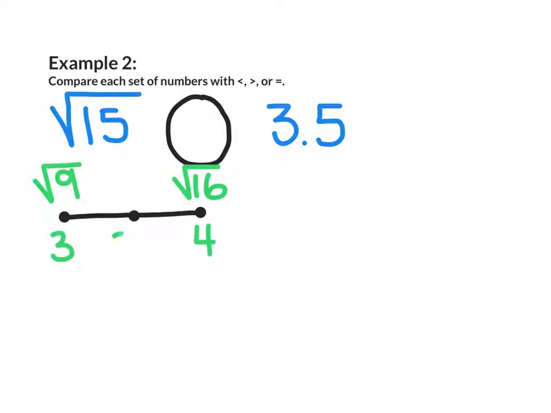Halfway in between is 3.5. And I know that the square root of 15 is really close to the square root of 16. So a good estimation would be 3.9. So if I compare 3.9 to 3.5, I know that the square root of 15 is going to be greater than 3.5.